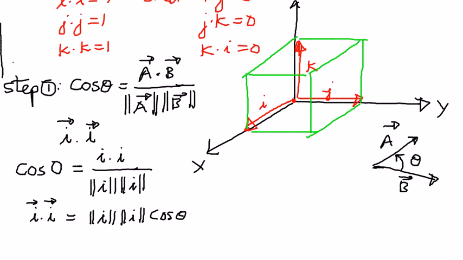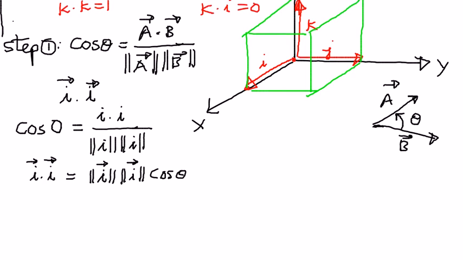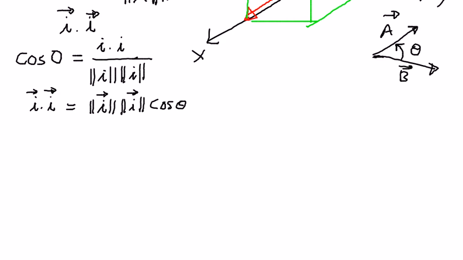I want to write these vectors in here, and therefore, when we look at this, the magnitude of vector I is 1 unit. The value of cosine 0, using our scientific calculators, if you enter cosine 0, the value is going to be equal to 1.